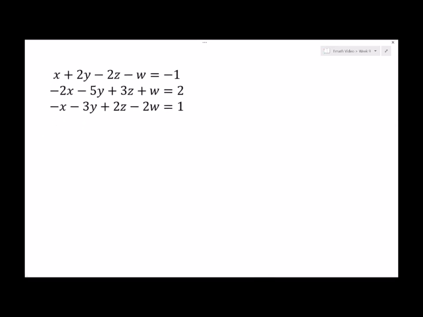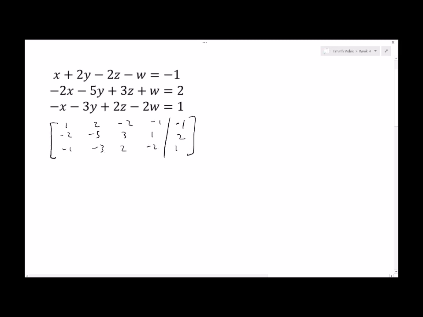So now we have 4 unknowns, but only 3 equations. So if we write our augmented matrix, it'll look like this: 1, 2, -2, -1, -1, -2, -5, 3, 1, 2, -1, -3, 2, -2, 1.